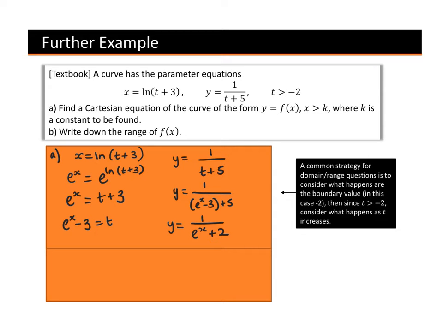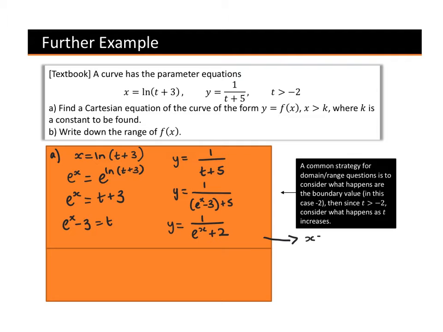So for part A, we need to find the domain here. So when we need to find the domain, in the question it says when t is greater than -2. Now when I'm looking at the domain, what I'm actually looking for is my x equals. So I'm going to use this and I'm going to see what happens.